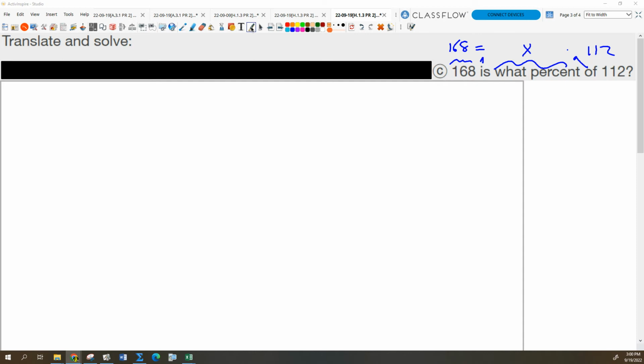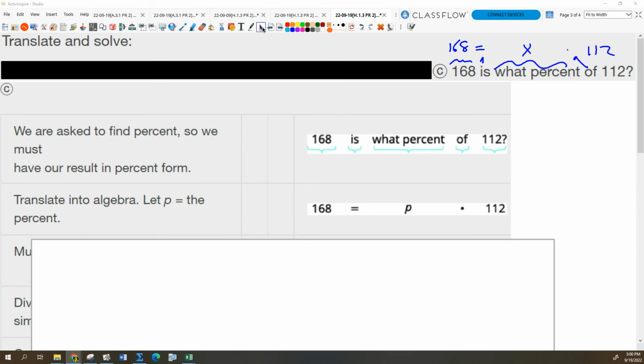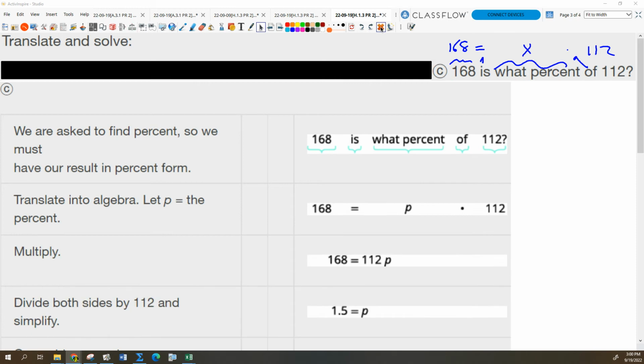Now, when we solve for x, what kind of number are we going to get? Is it going to be a decimal or a percent initially? It's going to be a decimal, isn't it? We'll have to convert that to a percent. If we solve this, we get 1.5.